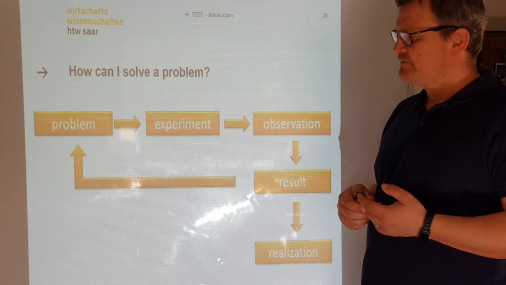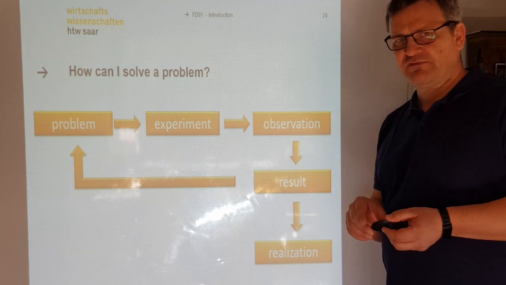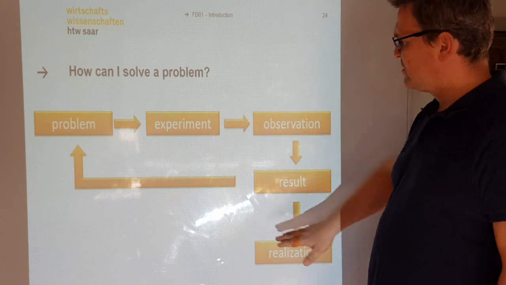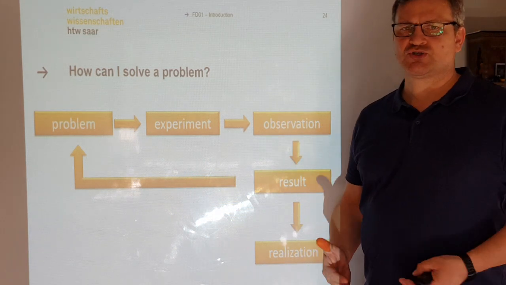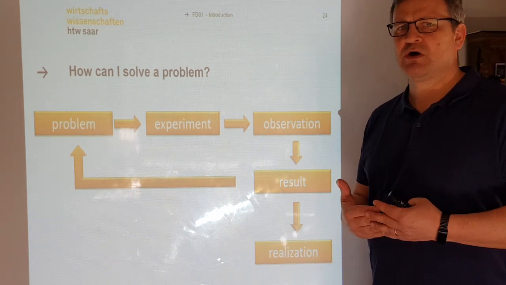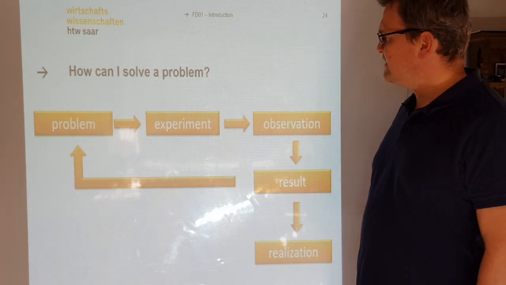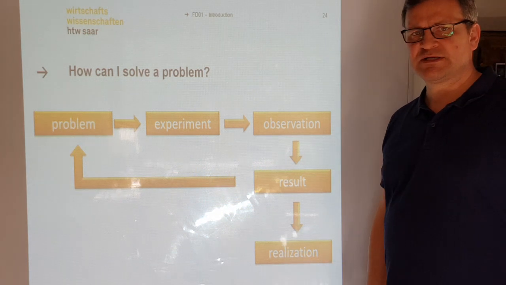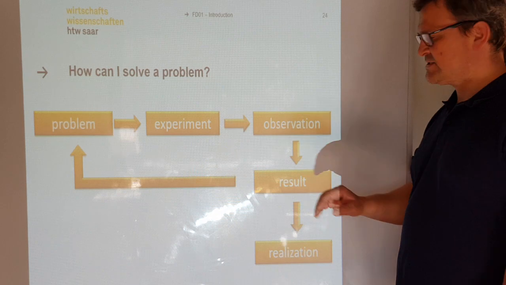How can we solve such a problem? And maybe you know this slide from your physics classes. It's always the same. We have a problem in physics, or in a technical problem, or social problem, and then we must make some experiments, and from these experiments we get observations and results.